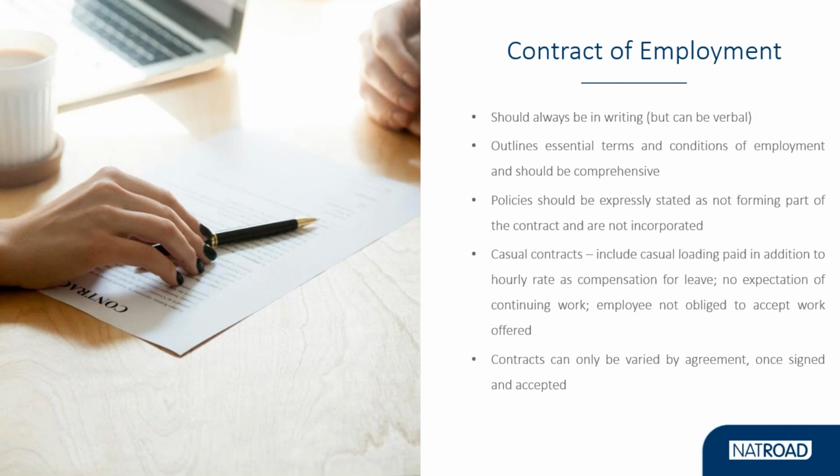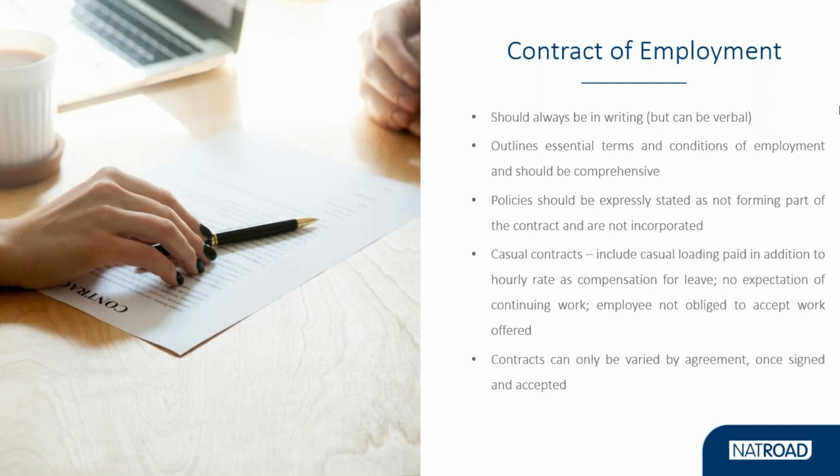While the relationship is traveling along nicely, having it in writing often doesn't add anything to it. But if there becomes a glitch, if there becomes a bit of an upset between employer and employee, then having the terms that are agreed in writing makes things a lot more simple.